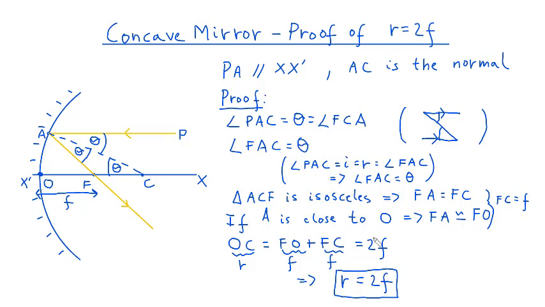So you need to know this proof and learn it well. So I suggest that once you've gone through this video, you try to do the proof yourself. You don't look at this video and you try to prove this yourself.